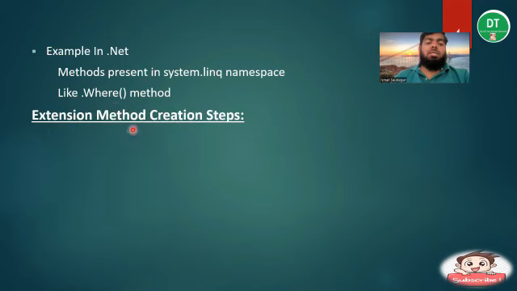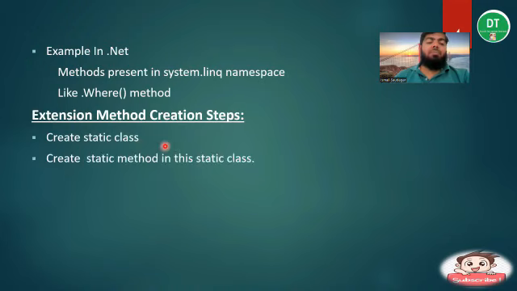Now we'll discuss extension method creation steps. For creating an extension method, we first need to create a static class, and after that we'll create a static method in this static class, and this static method will become the extension method, and it will contain a binding parameter.